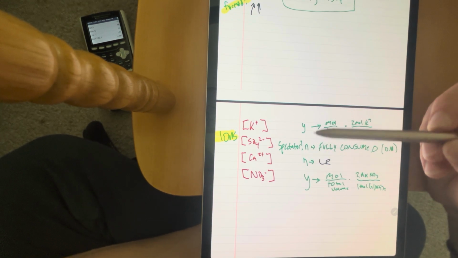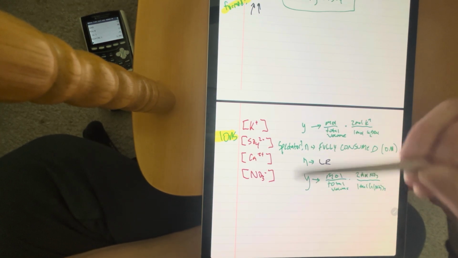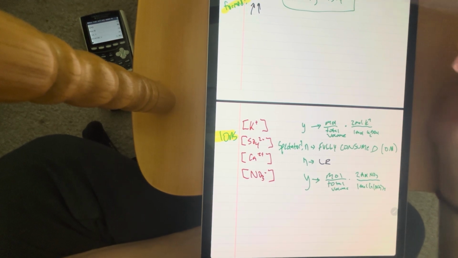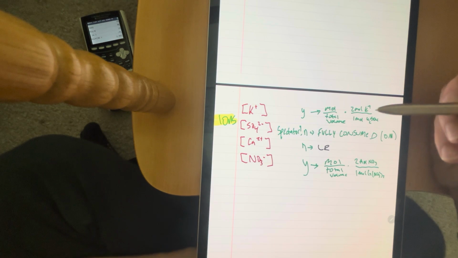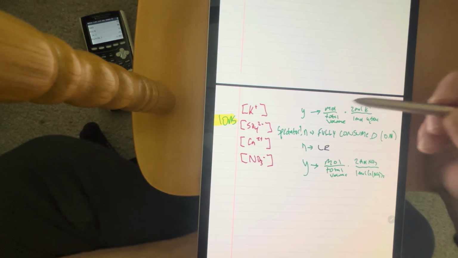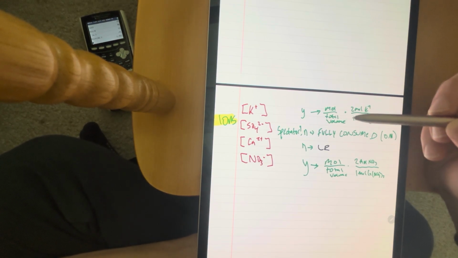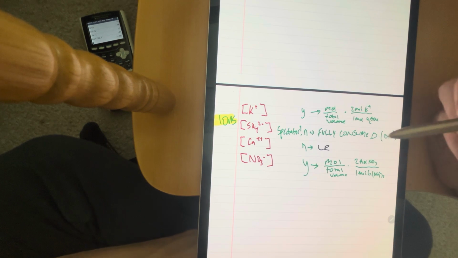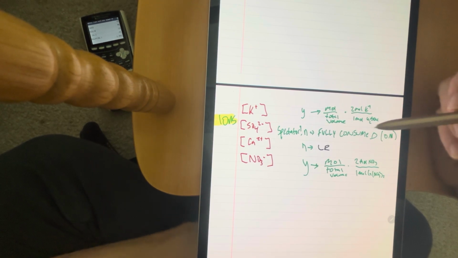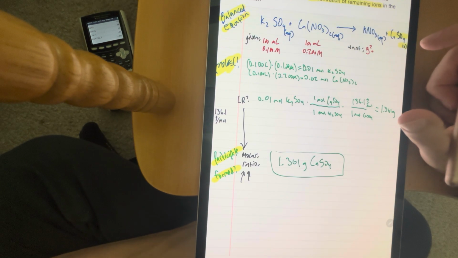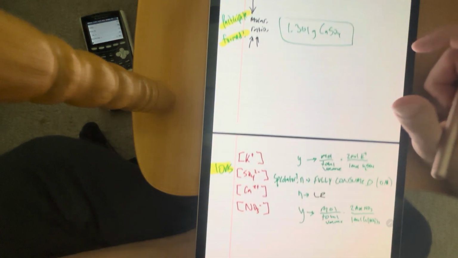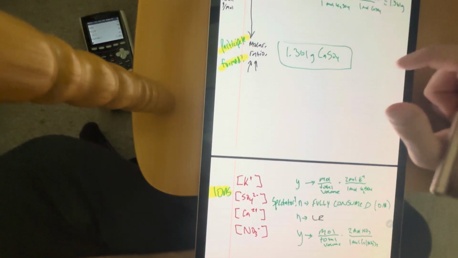If it's a yes, like these two, because they're not part of what we are looking for, you just do a simple calculation of the moles of that substance divided by the total volume. Total volume is going to be 0.1 liter plus 0.1 liter, and that's going to be over the moles.